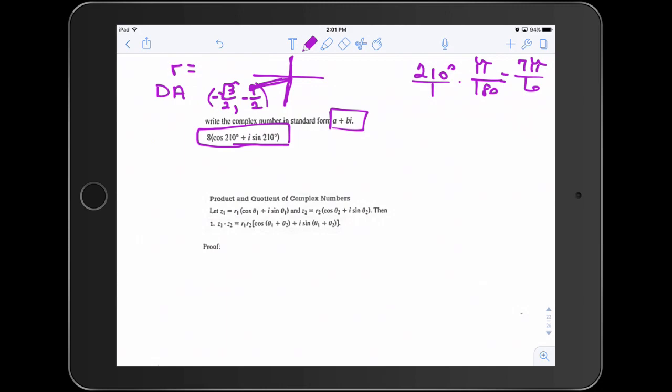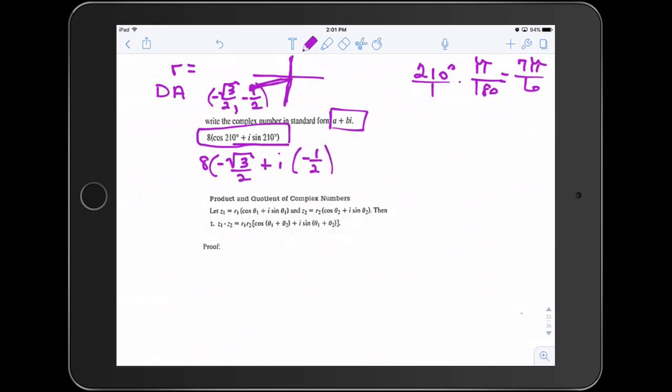So now what I'm going to do is 8 times the cosine of 210 degrees, which is negative square root of 3 over 2, using the unit circle, no calculator of course, plus i times negative 1/2.